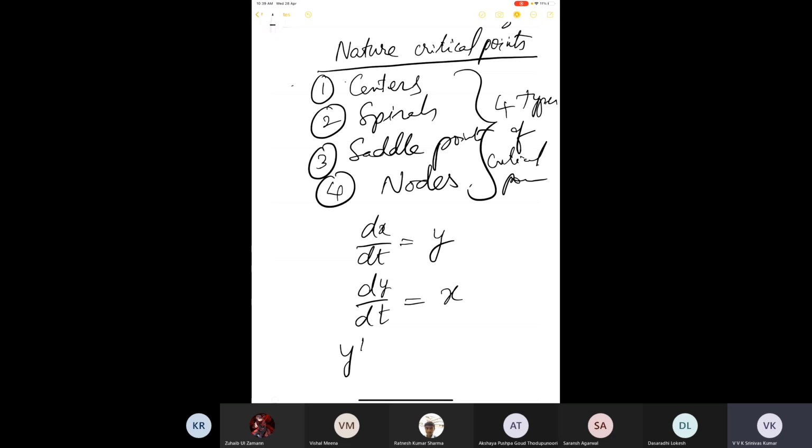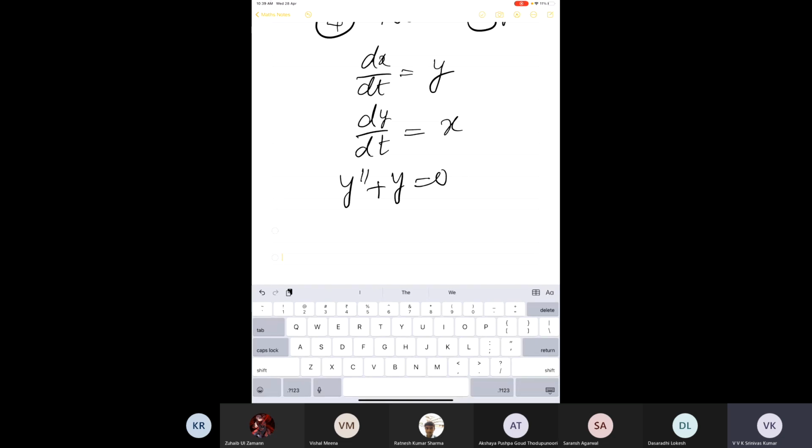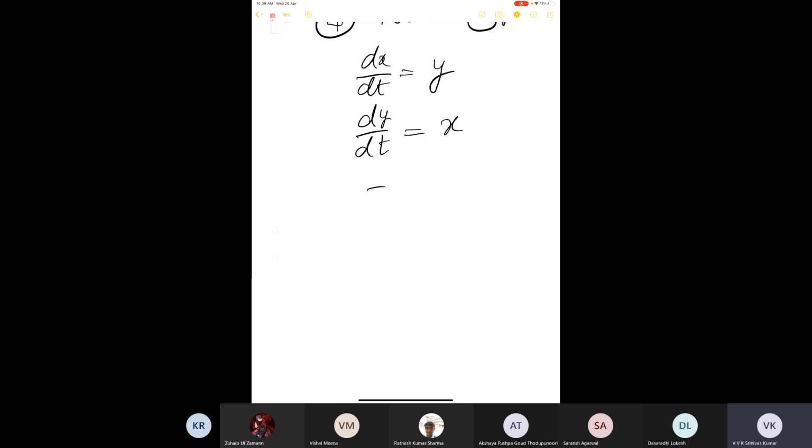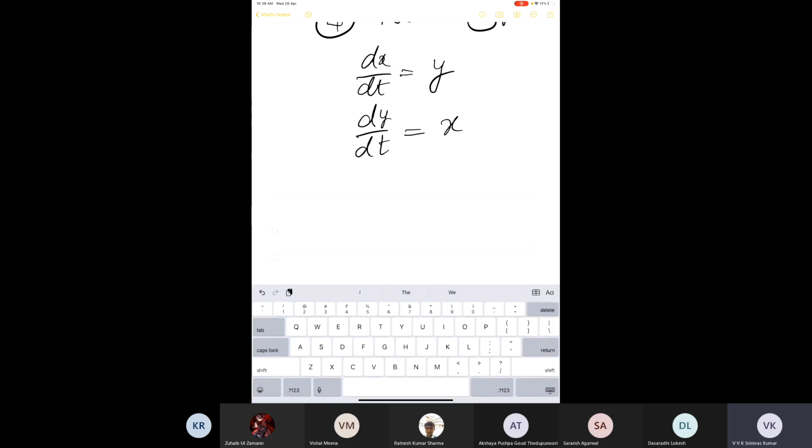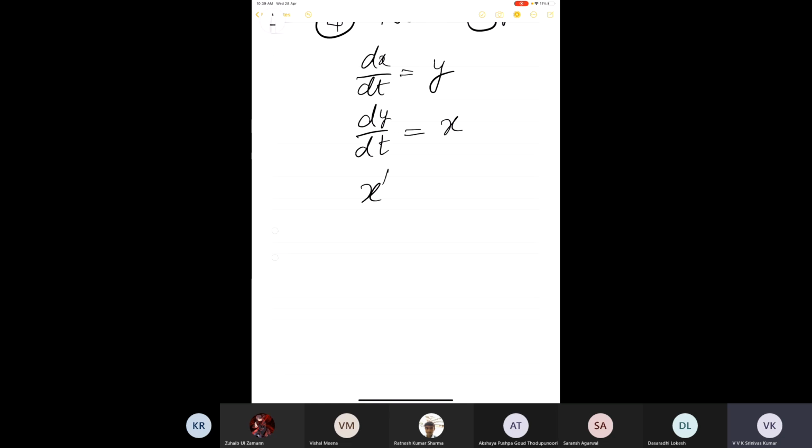Suppose this is y'' plus y equal to 0, or x'' plus x equal to 0.